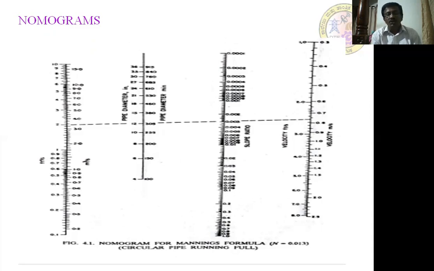for this given condition. Otherwise, we may go for discharge and pipe, and from that you find out the slope as well as velocity. Out of four variables, if you know any two variables, whether it may be first and second, second and fourth, or third and first, from any two parameters it is possible to find out the remaining two by just joining the two parameters by a straight line, and then the point of intersection gives the remaining two parameters.